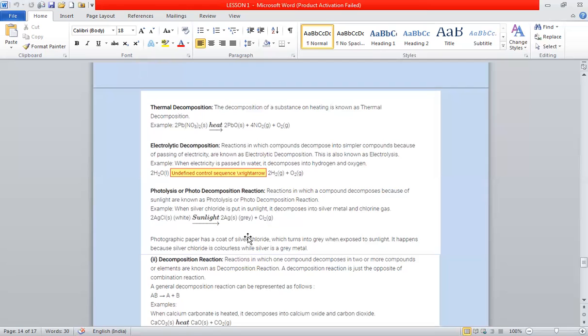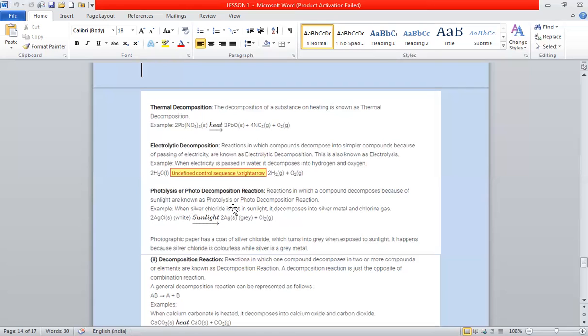The third type of decomposition reaction is photodecomposition or photolysis. We can say these are reactions in which a compound decomposes because of sunlight.